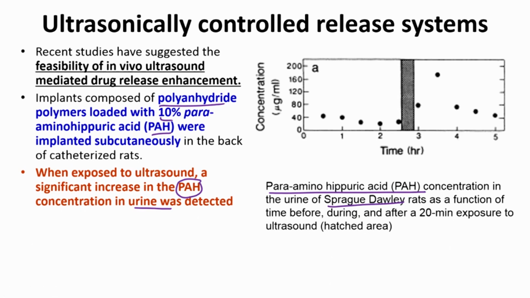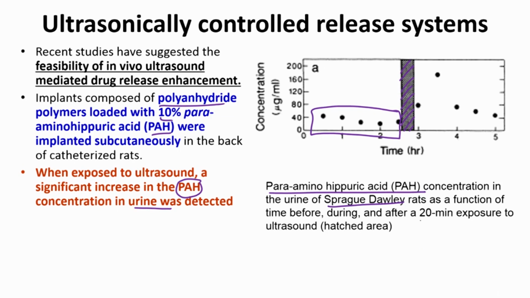So this is basically what you were seeing before you had given any ultrasound. And then you gave the ultrasound energy at the location where the implant was put in these rats, and then you measured the amount of PAH being excreted through the urine.